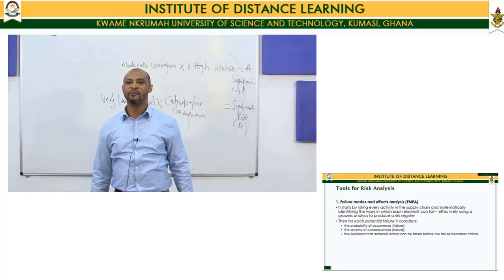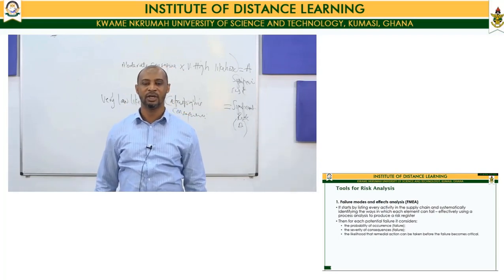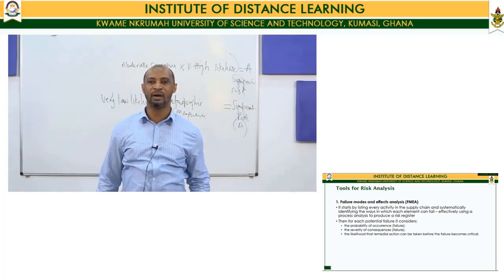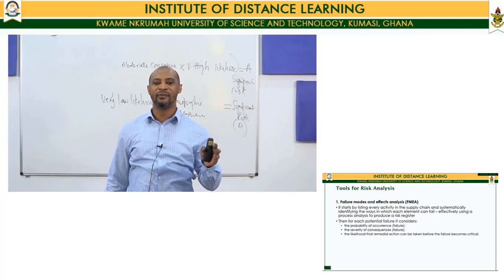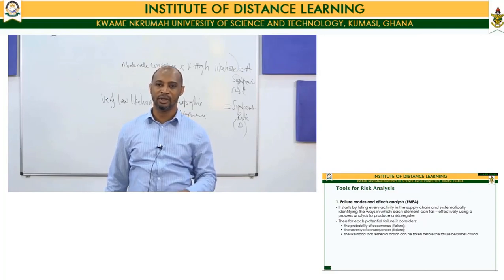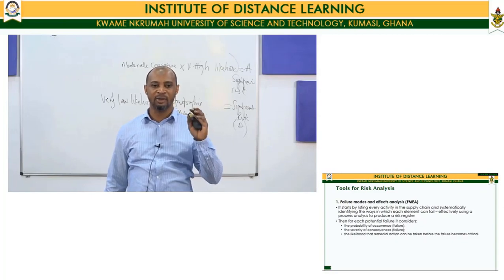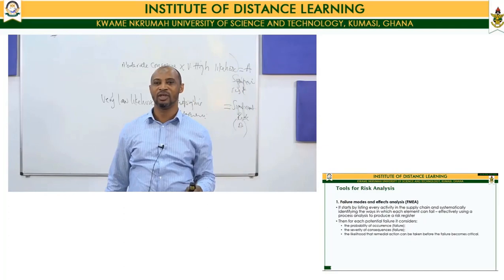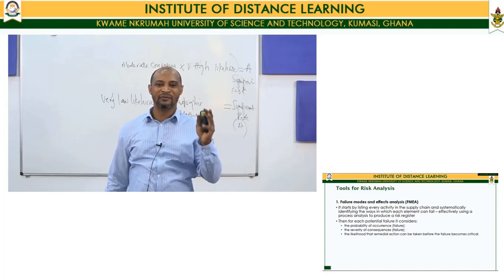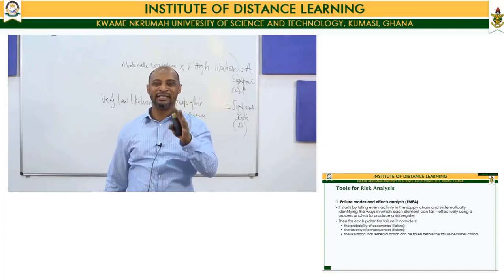So if we have to do risk analysis, what are some of the tools available to us? The first one of them that we will discuss is the failure mode and effect analysis, FMEA. This one starts by you first listing every activity in the supply chain and systematically identifying ways in which it can fail.